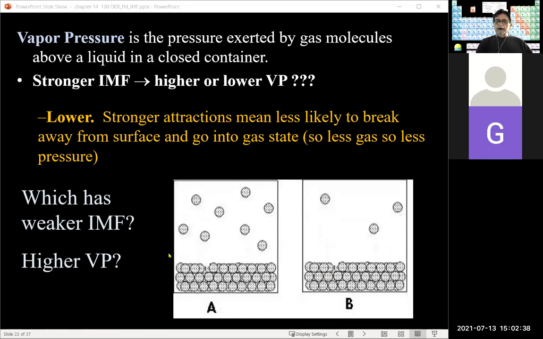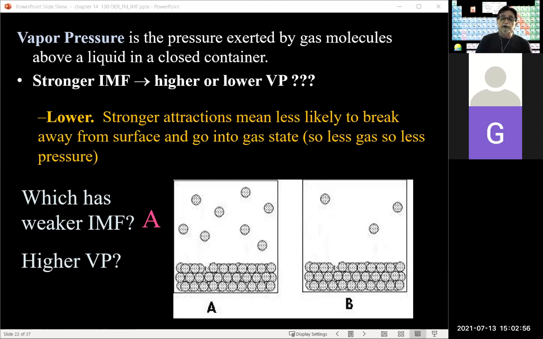And in this diagram here, which one has a weaker IMF? Well, simply it would be A, right? Why? Because there's more molecules going into the gas phase.